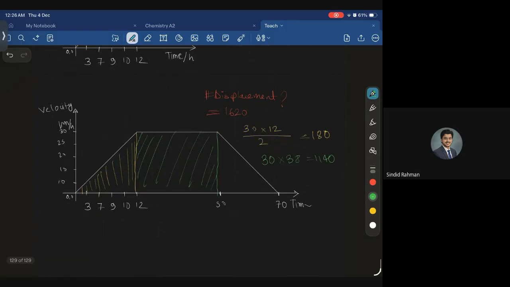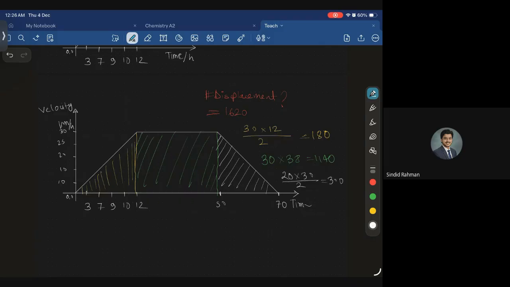And then what did you do? You found this part, which is 20 times 30 over 2. That gives me 300.